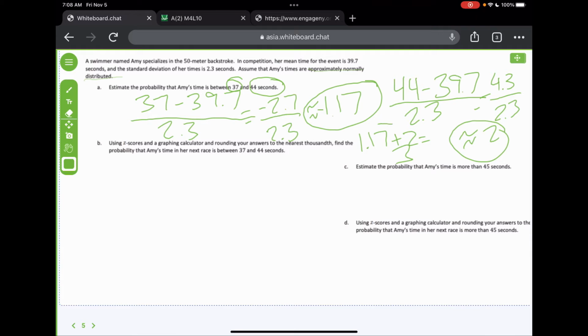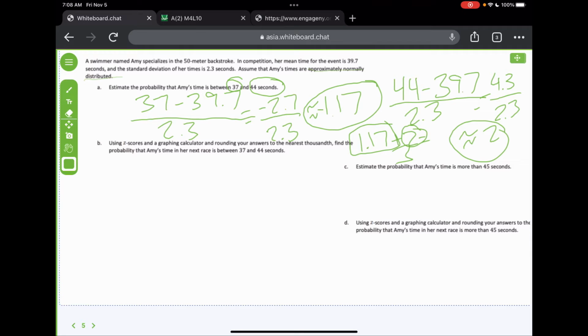She's reaching all the way down into the 1.17 here and the 2 standard deviations here. Okay, so what is the probability that she's going to be in that range of 37 to 44?